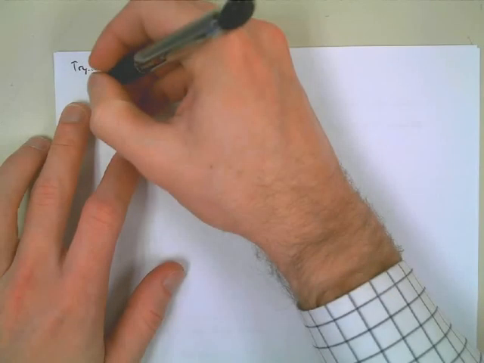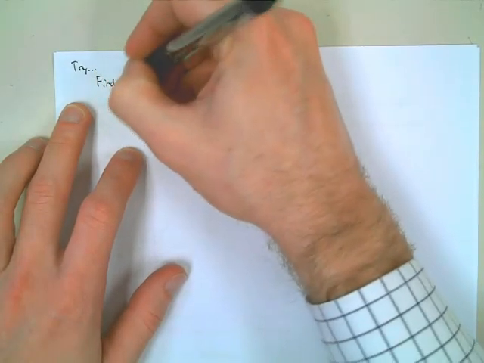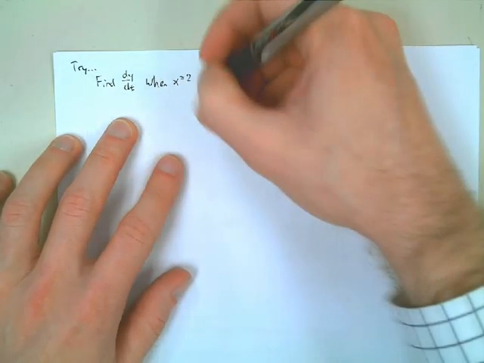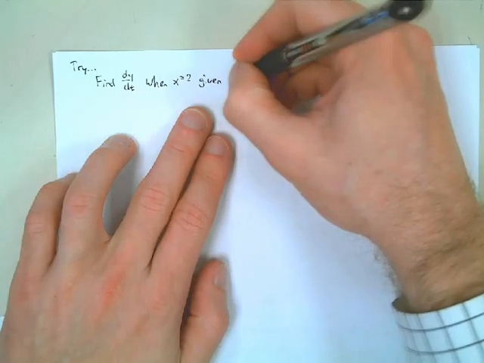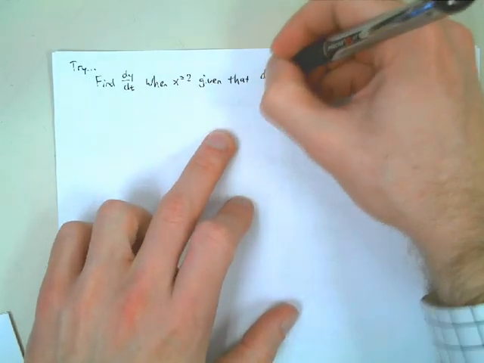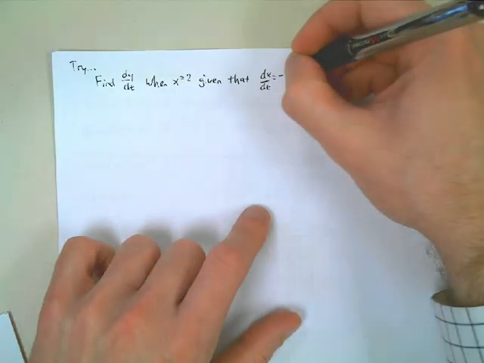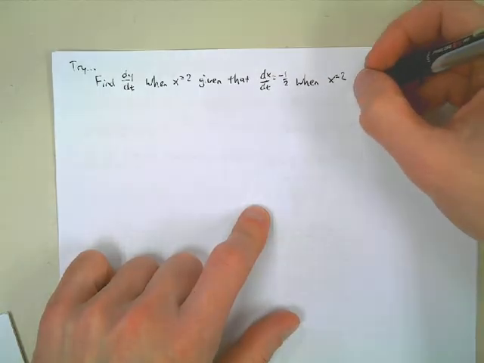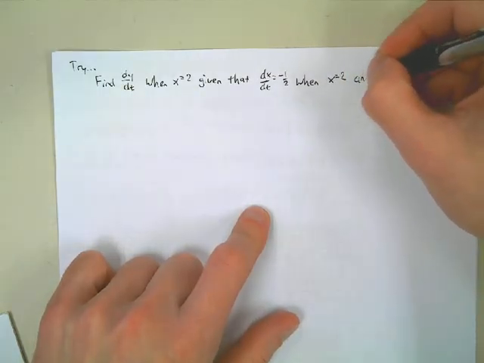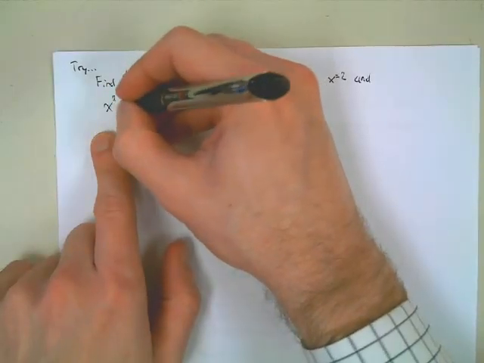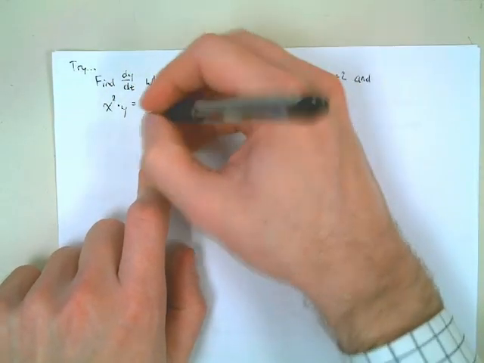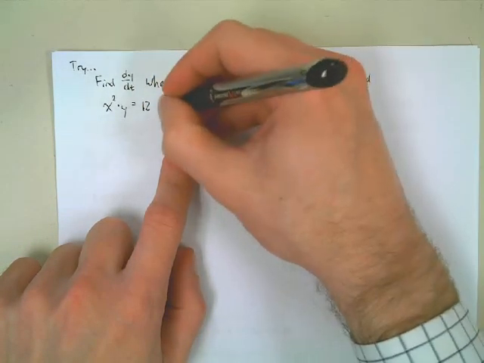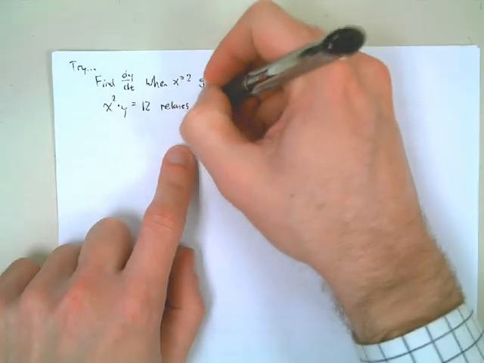I want you to find dy/dt when x is 2, given that dx/dt is equal to -1/2 when x equals 2, and x squared times y equals 12. And that relates the x's and y's.